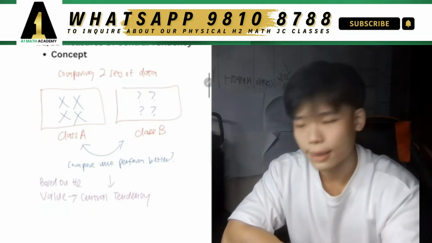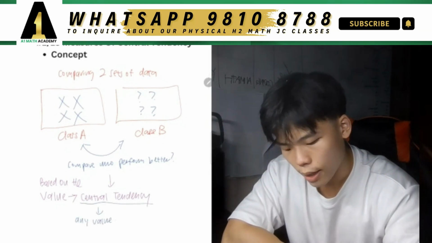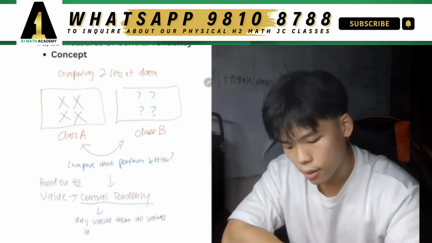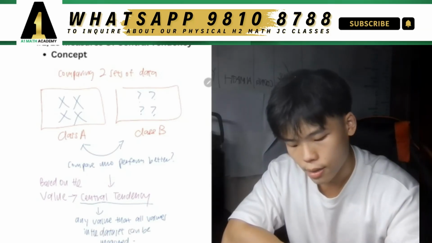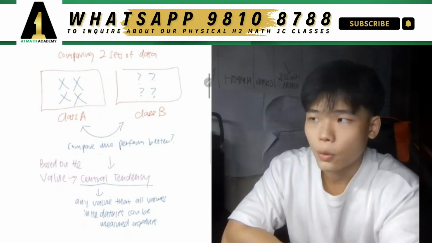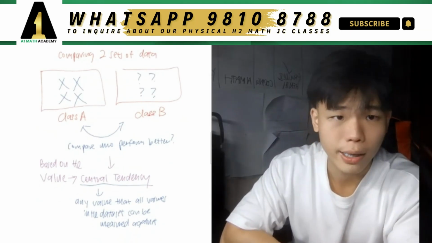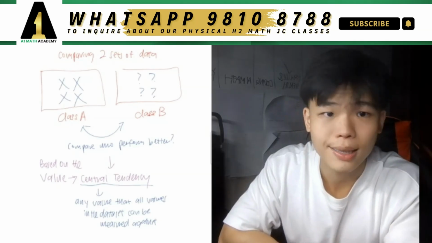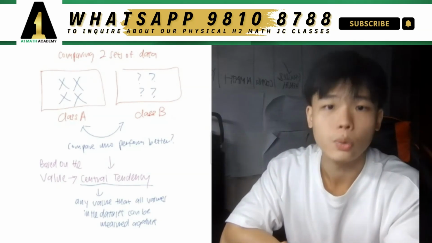So what is this central tendency? Central tendency is basically any value that all values in the data set can be measured against. As long as we have a measure of central tendency, a value that all the values in each data set can be measured against, this gives us a fair platform of comparison between the two different classes.